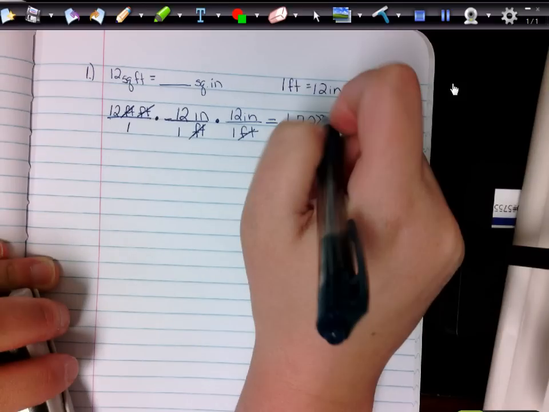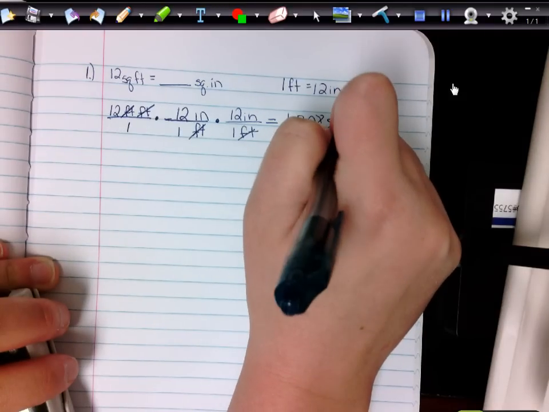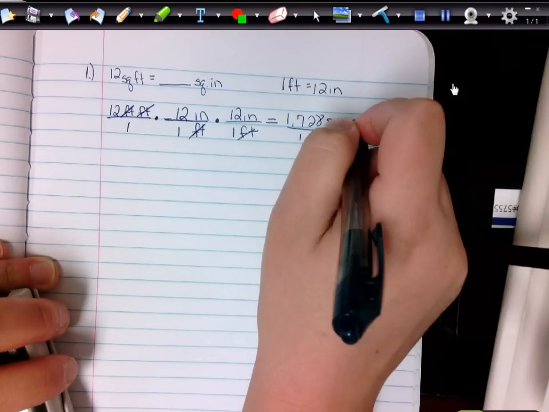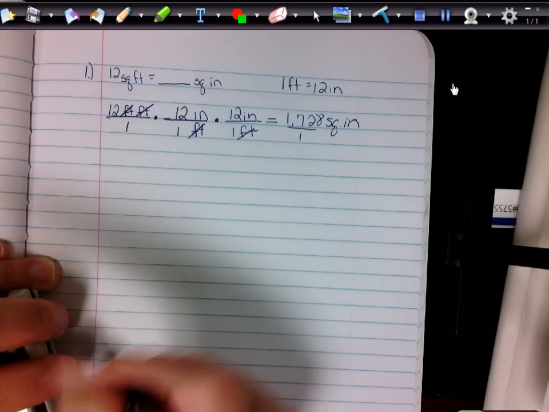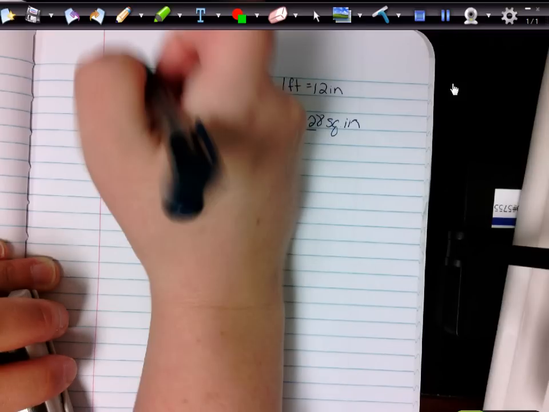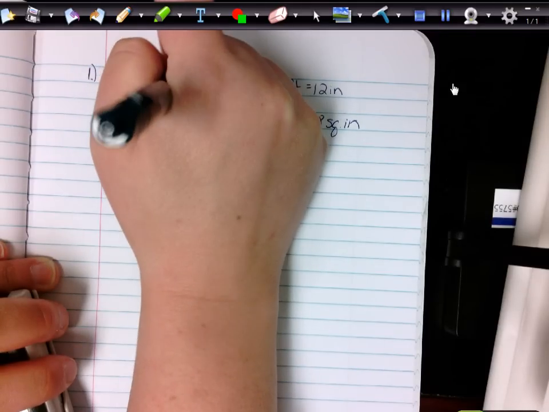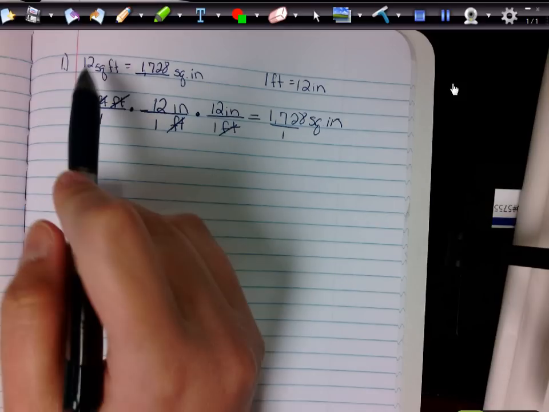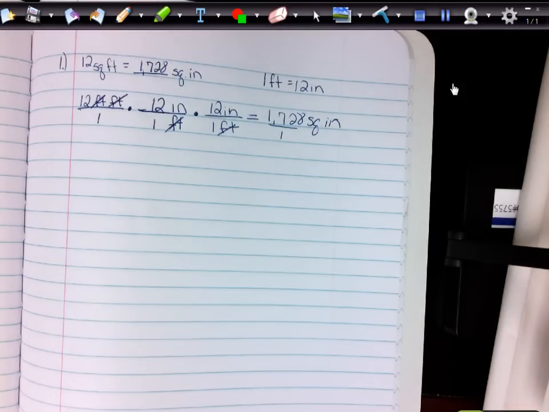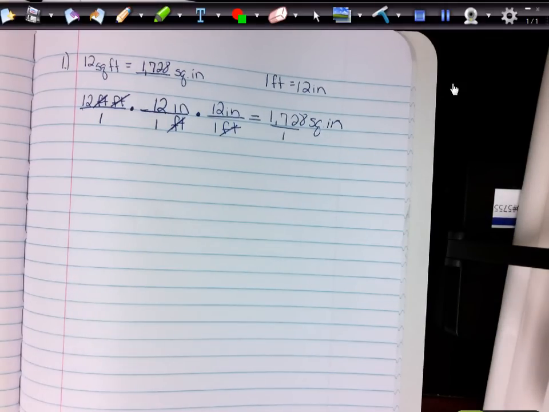And here, inches times inches gives me square inches. So when I say 1,728 divided by 1, I still get 1,728. So in my blank right here, I'm going to write 1,728. So for 12 square feet, that's exactly 1,728 square inches.